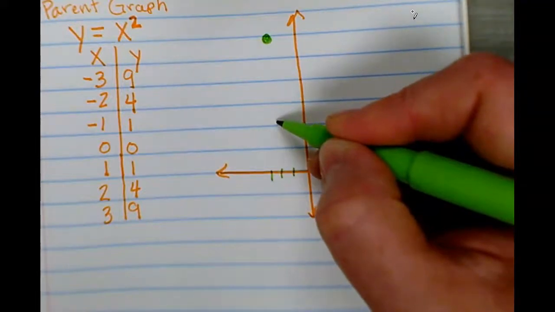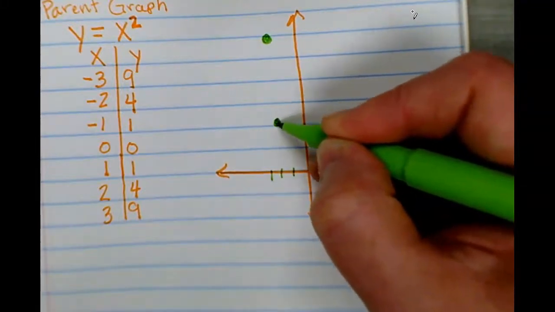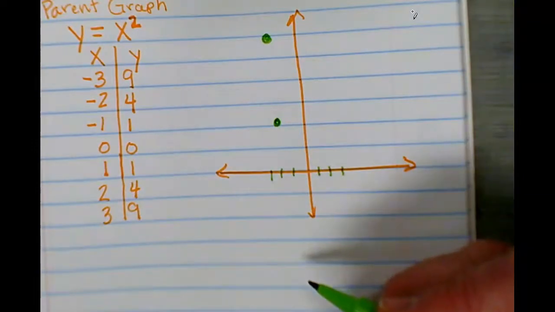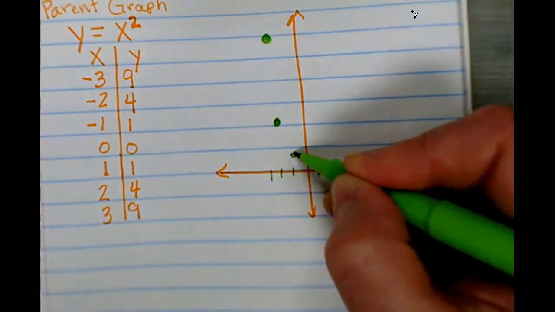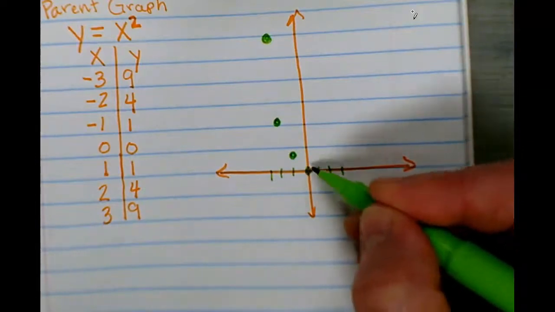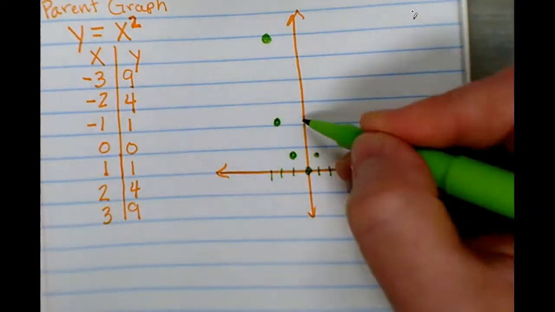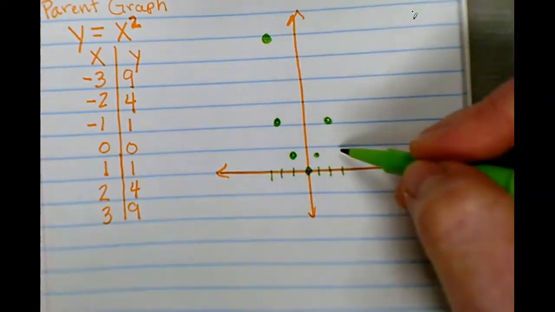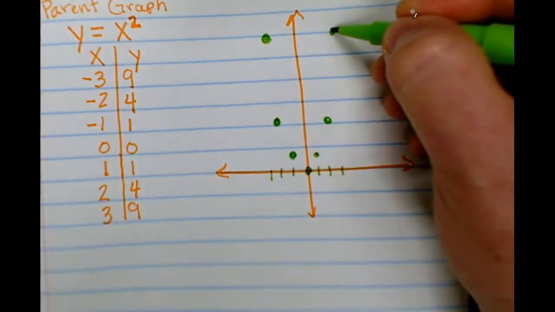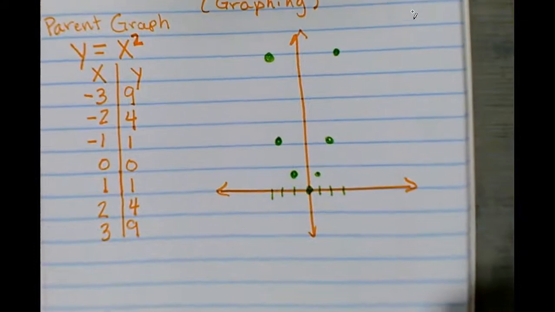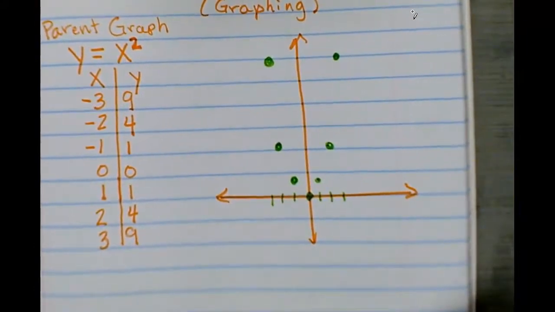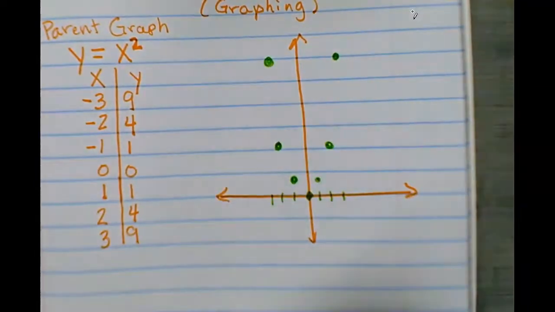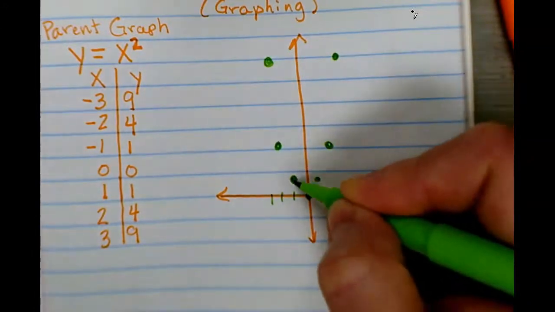Two and 4. -1 and +1. 0, 0. Now, are those all the points on my graph? No, those were just the ones I picked out to put in my table, but they are certainly enough to tell me what the graph is looking like.